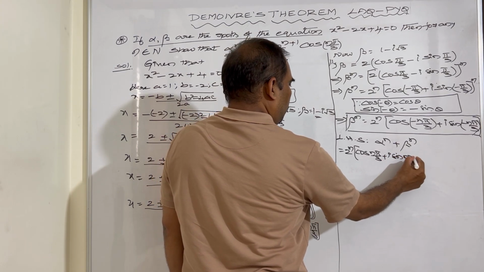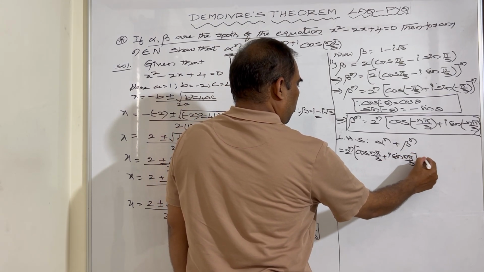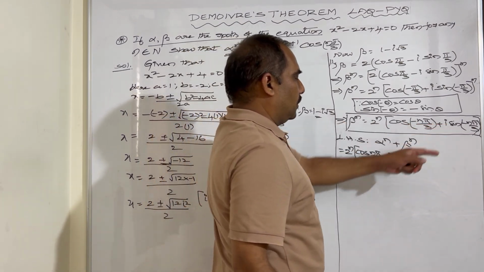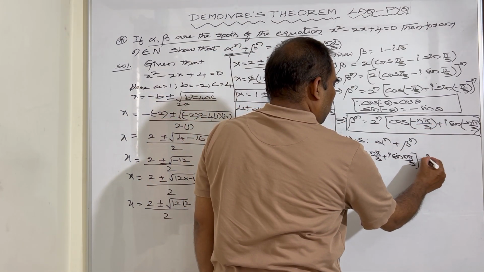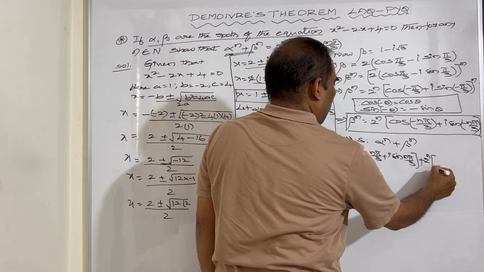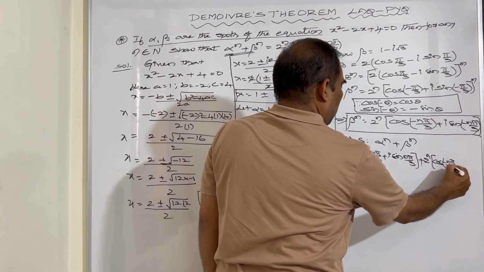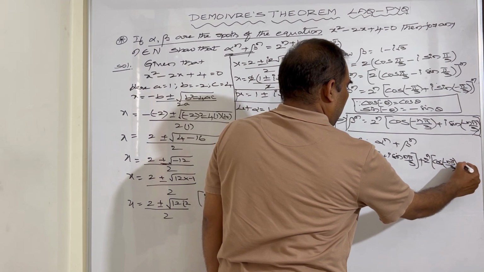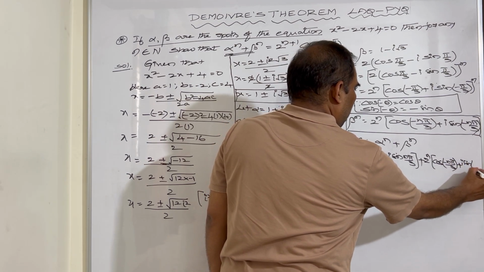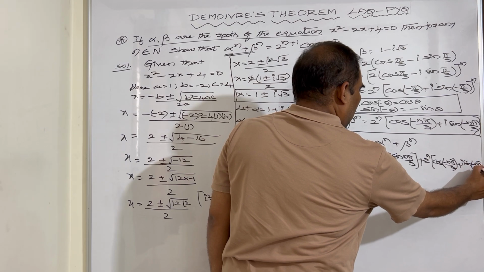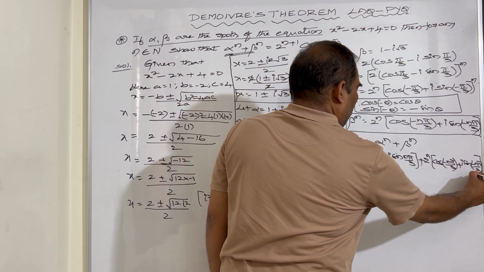Similarly, plus beta to the power of n is 2 power n into cos of minus n pi by 3 plus I sin of minus n pi by 3. So we have beta power n.